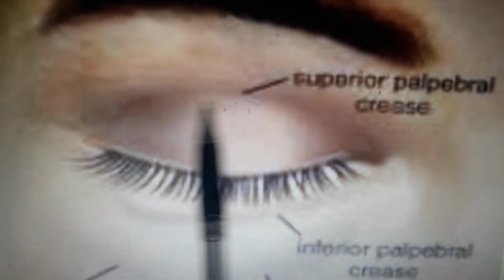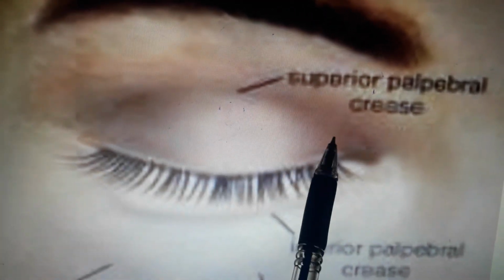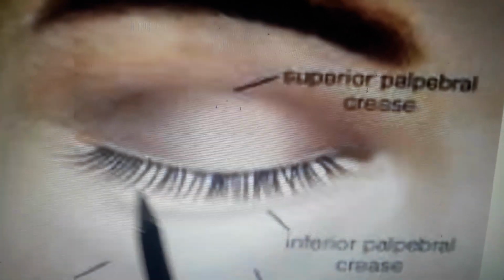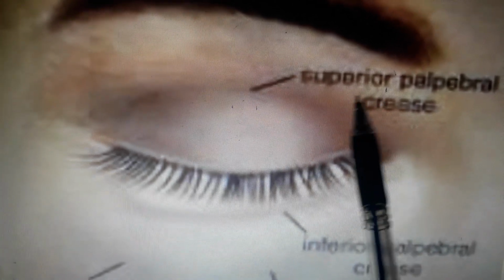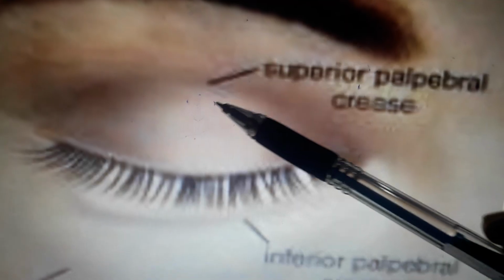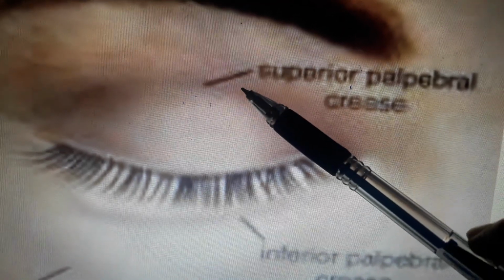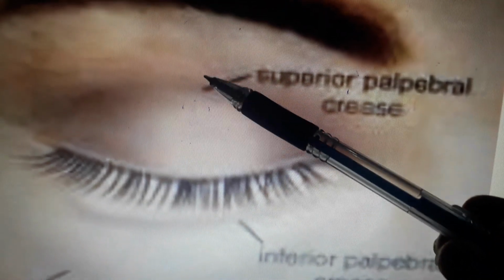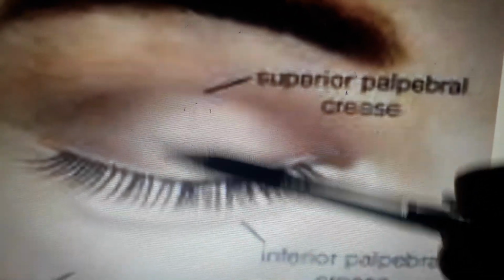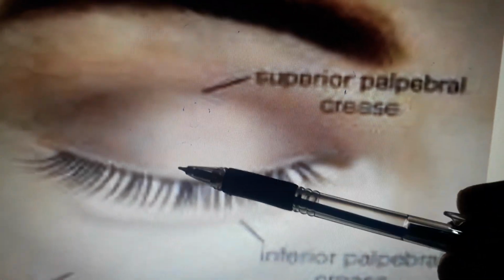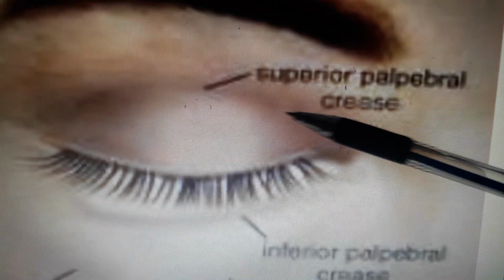The eyelid is divided by creases. A crease or sulcus is present over the upper eyelid and lower eyelid. The superior palpebral crease is formed by aponeurotic fibers of the LPS, the levator palpebrae superioris, inserting into the skin.